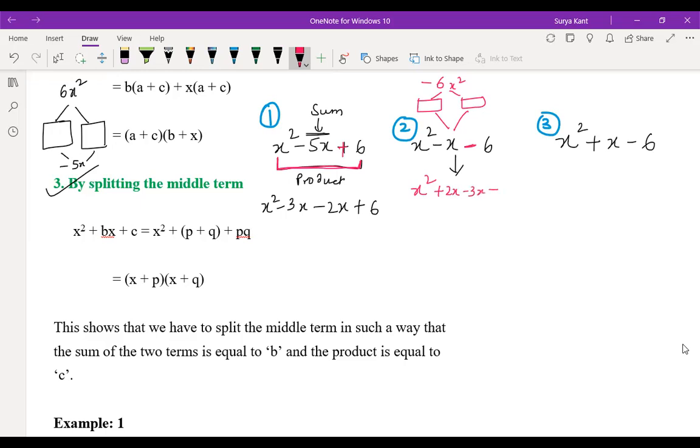You can see by yourself. If you multiply these both, you get minus 6x square, and if you add, you get minus x. You can check by yourself whether you are doing it correctly or not. Yeah, sir. All right. Is it clear? So now tell me the last part of it.